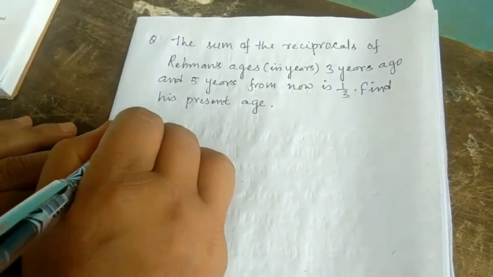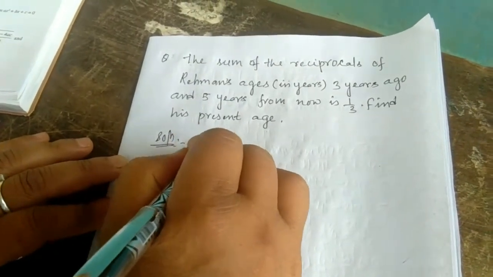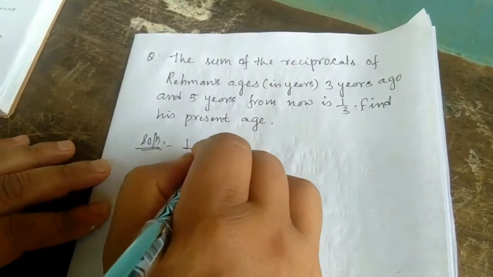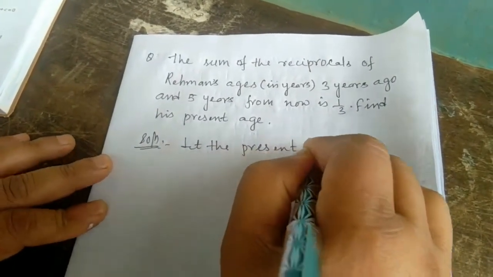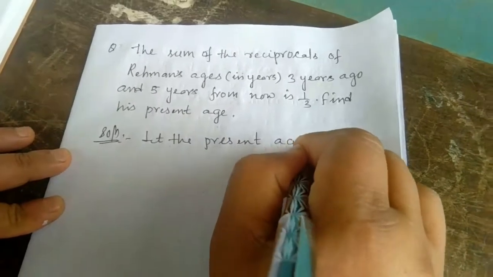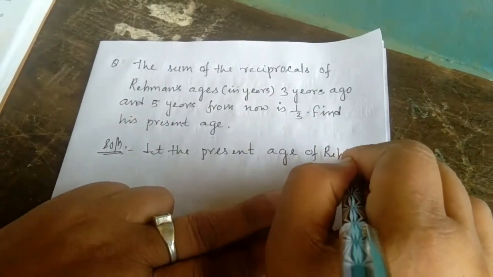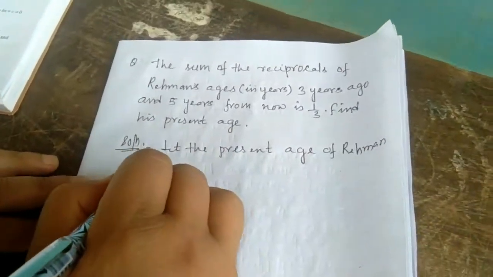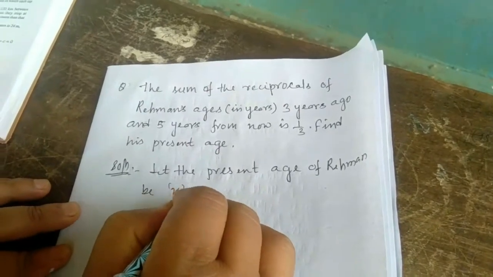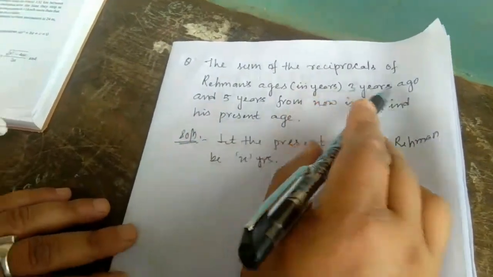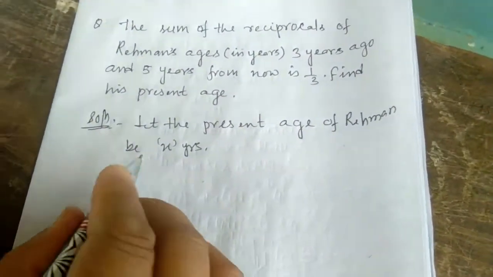Okay, so let me solve for you. We don't know the present age of Rahman, so we'll take, let the present age of Rahman be, suppose, x years. We are taking x years. Okay, 3 years ago is given, so we find the age of Rahman 3 years ago. Ago means before.